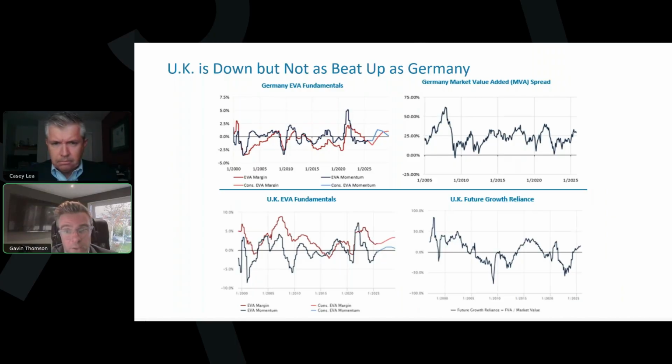In the same way you'd use a PB ratio instead of a price to earnings ratio in traditional finance, we're looking at things from that PB perspective, valuing it off the capital base instead of the earnings base, and you can see that MVA spread, so that economic price to book, is around 29%.